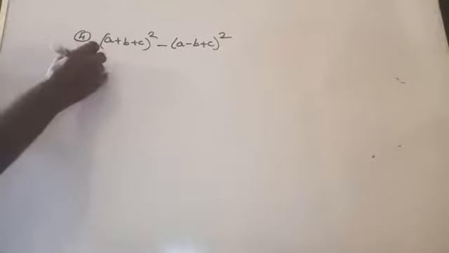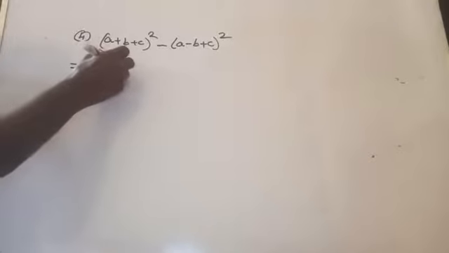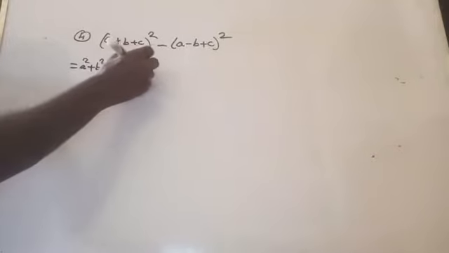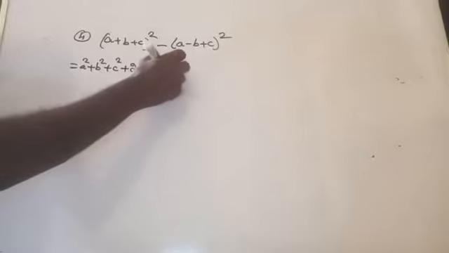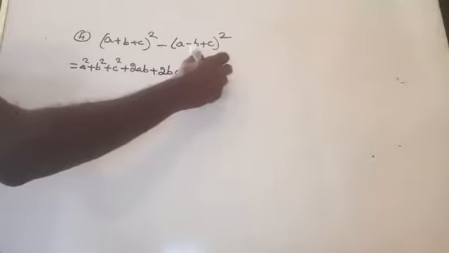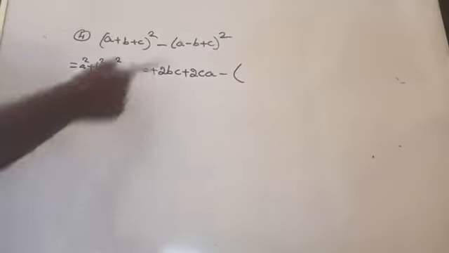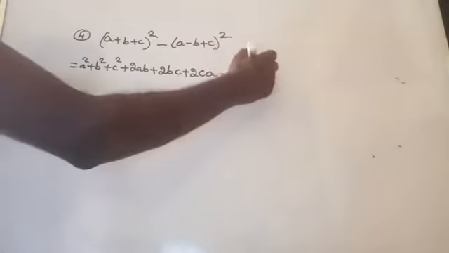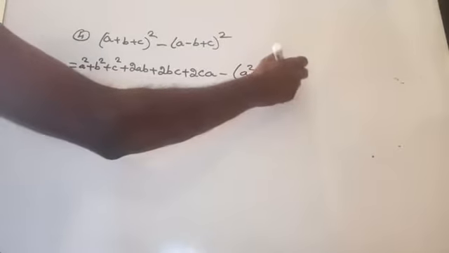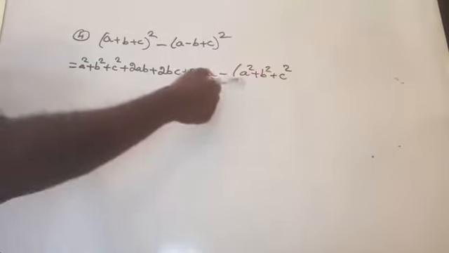Then you will get A square plus B square plus C square plus 2AB plus 2BC plus 2CA. Am I right here? Yes. Now minus of A minus B plus C the whole square, that is A square plus B square plus C square, because here we are squaring the terms, then it will be always positive.